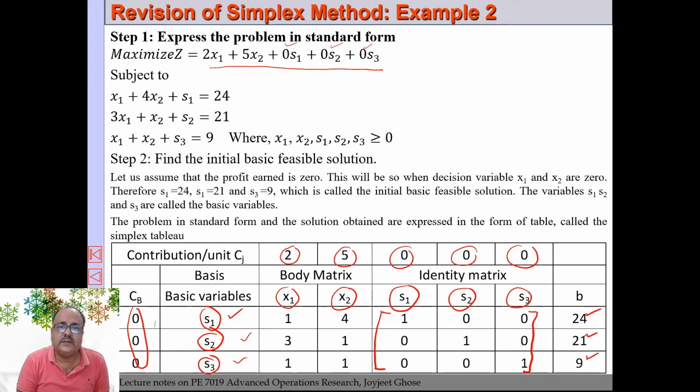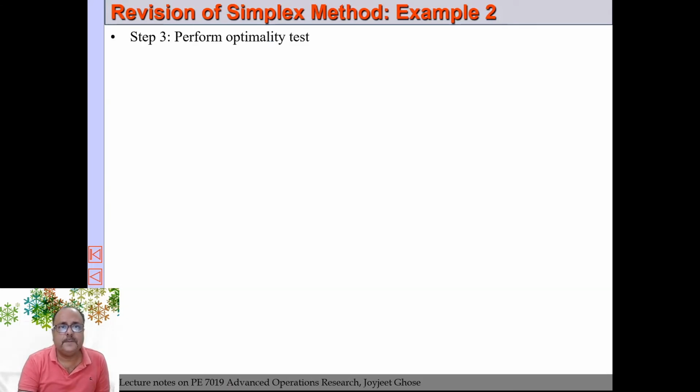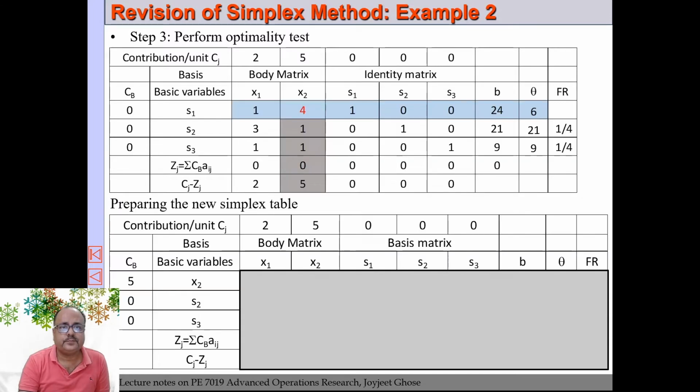Now I'll check whether this is an optimal solution or not. For checking this, we all know that we have to find out the Zj and the Cj and find the difference Cj minus Zj. Zj is the summation of Cb times the column entries, so Zj will be 0 into 1 plus 0 into 3 plus 0 into 1, which gives us 0.